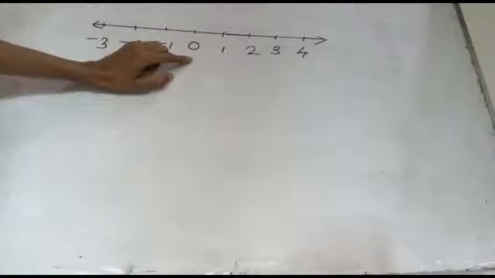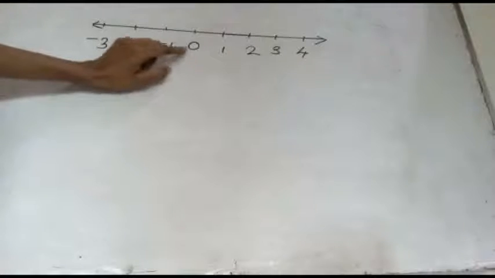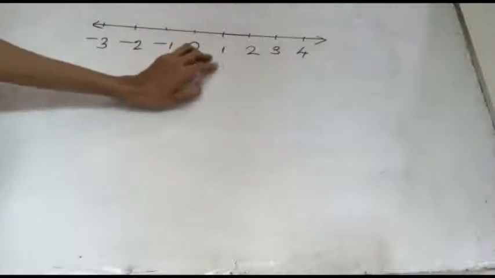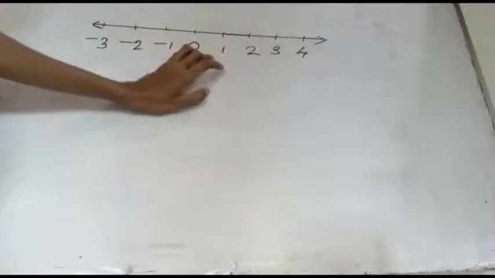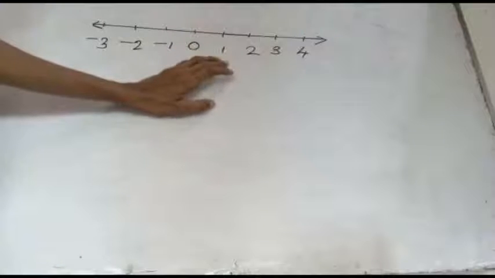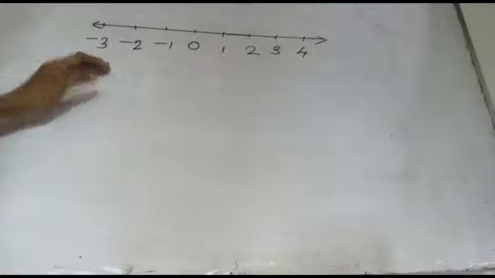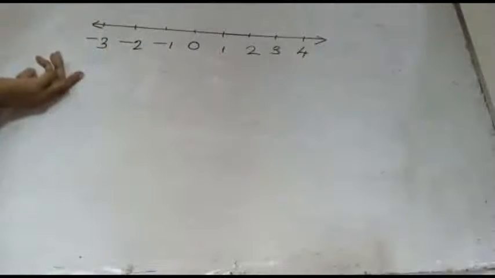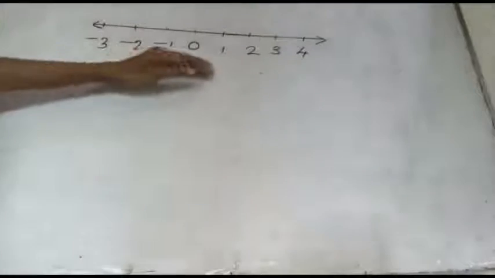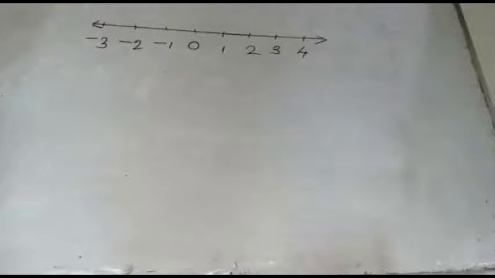Positive numbers as positions to the right of 0, and negative numbers as positions to the left of 0. Please draw this number line. Teacher, I wrote the number line.